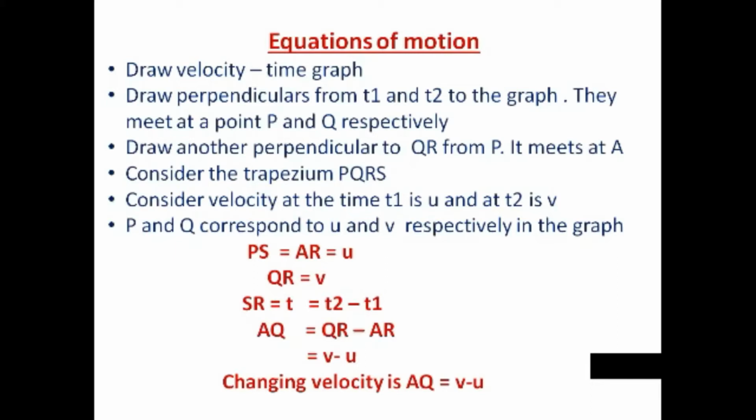And AQ is a small portion of the trapezium, that is QR minus AR, and that is equal to V minus U. This V minus U, or AQ, is the change in velocity. So here AQ is equal to V minus U. This is a common derivation for attaining the equations of motion.